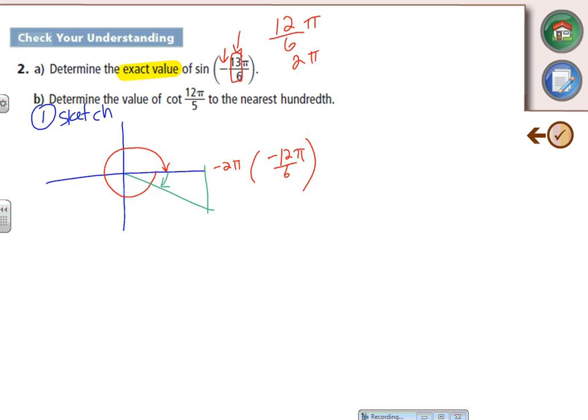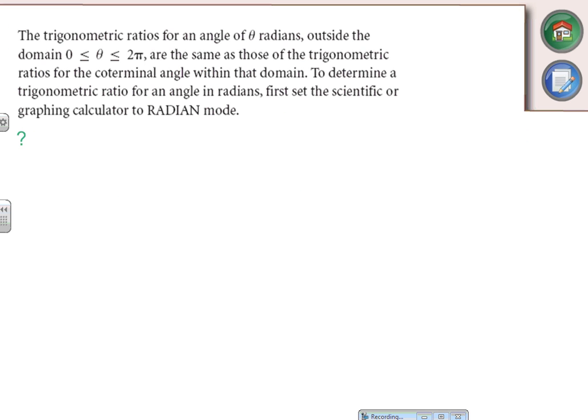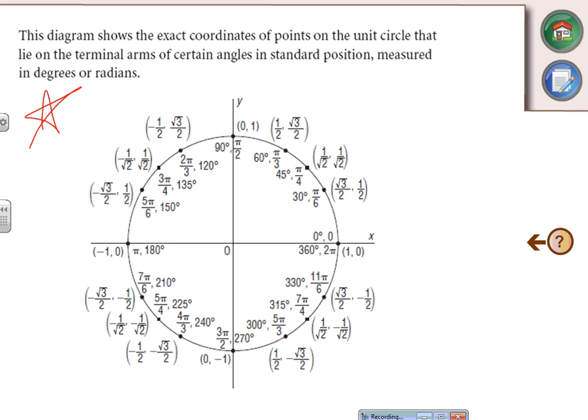So inside this triangle is pi over 6. And that's all I really care about, is where it is on the unit circle, or what the reference angle is if I'm using my special triangles. So to answer the question, we go to our unit circle and we look at it and say, where are we talking about?